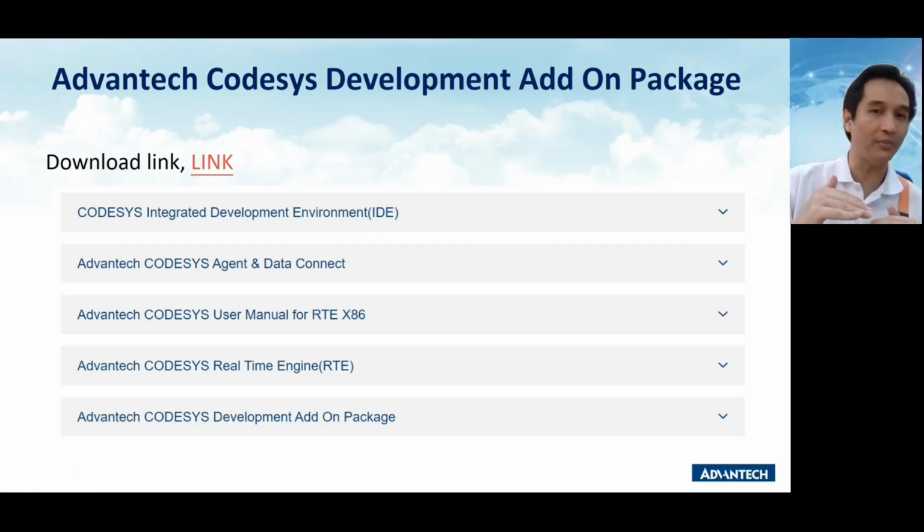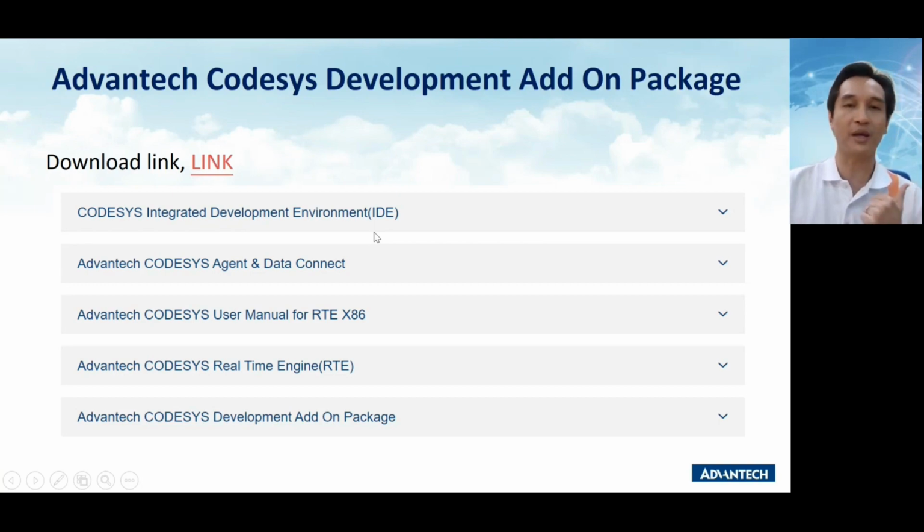There will be a few topics, but which one you need to install and which one you don't need to install, I will explain in a little more detail, right? First, definitely you need to install the IDE. If you don't install this one, you cannot configure your hardware, right? Just one thing. Second, you have to install the Advantech CodeSys development add-on package.